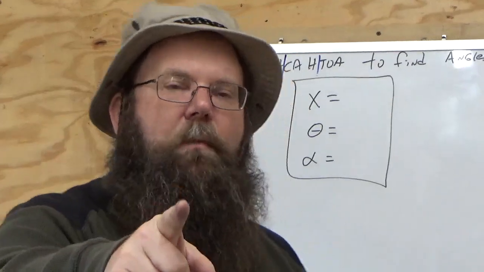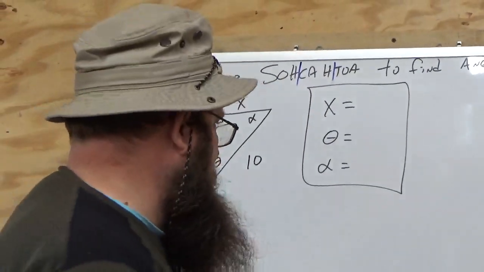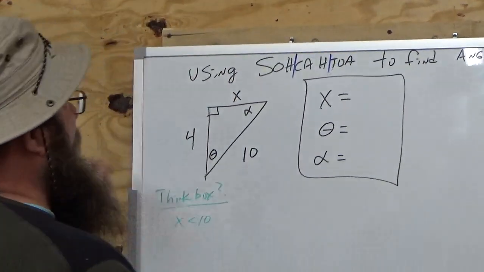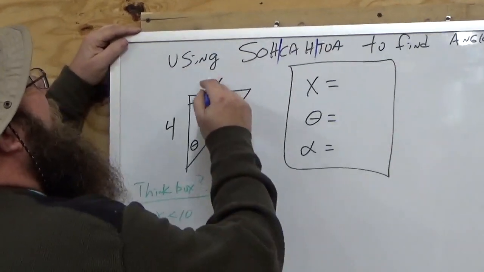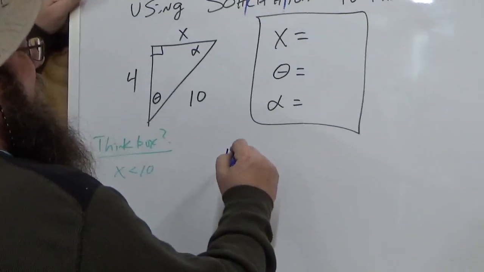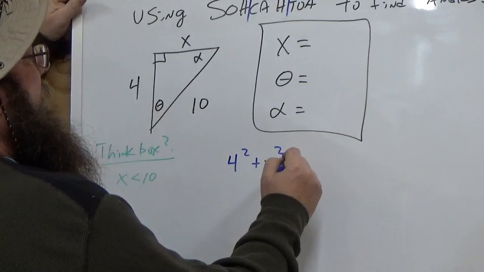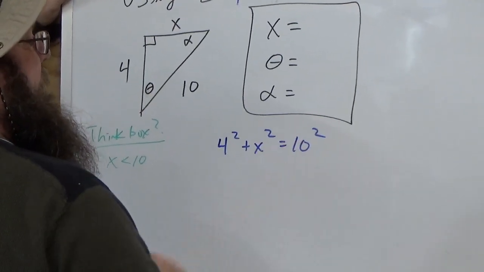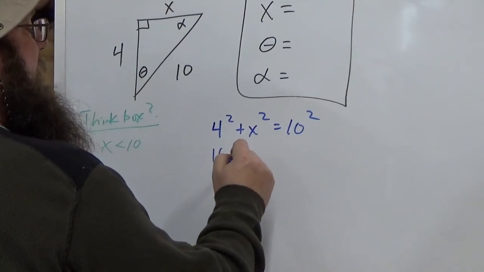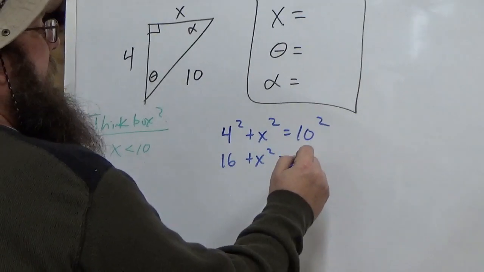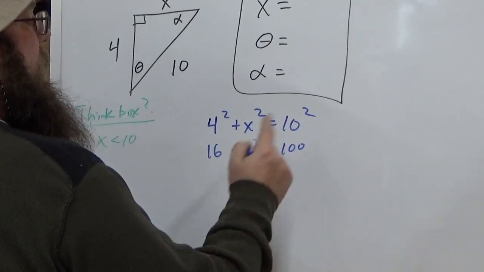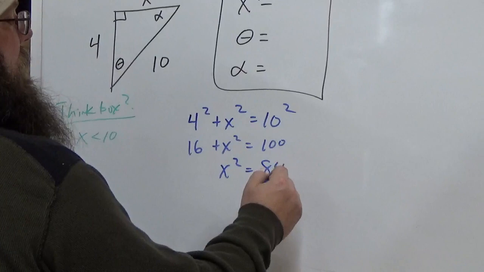Because we have the power of Pythagoras. So if I want to find x first, guess what? 4 squared is 16, and 10 squared is 100. 100 minus 16 is 84.